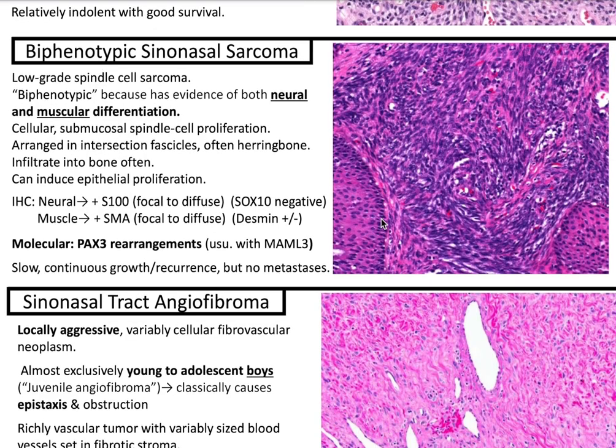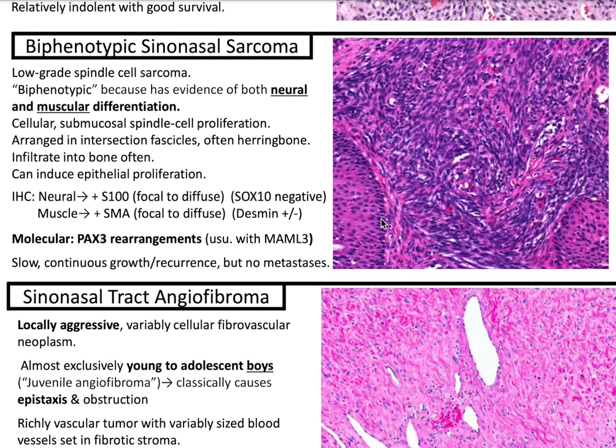Biphenotypic sinonasal sarcoma. This is a low-grade spindle cell sarcoma. It's biphenotypic because it has evidence of both neural and muscular differentiation. It's cellular, and in the submucosa, you have the spindle cell proliferation, as we can see here. And it's arranged in intersecting fascicles, often herringbone, as you can see here. It can often infiltrate into the bone, and it can induce epithelial proliferation.